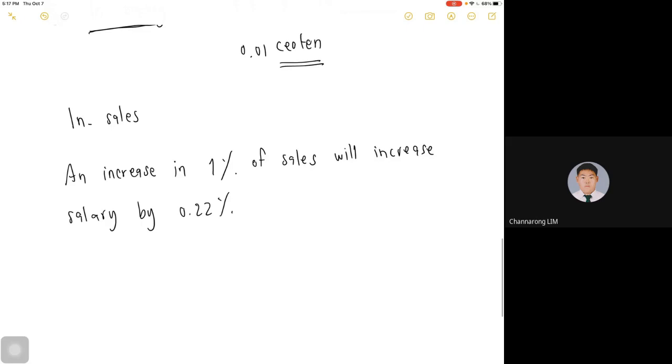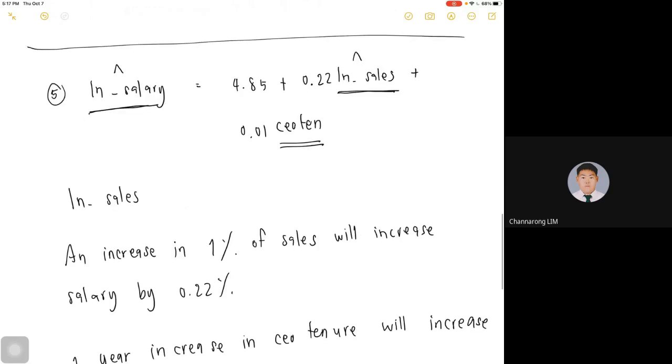And how about CEO tenure? So a 1 year increase in CEO tenure will increase... What should I do with the coefficient?